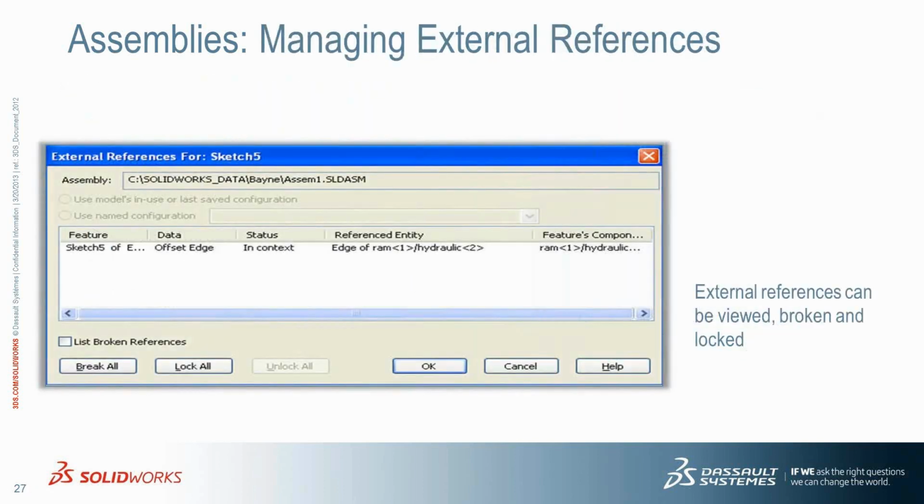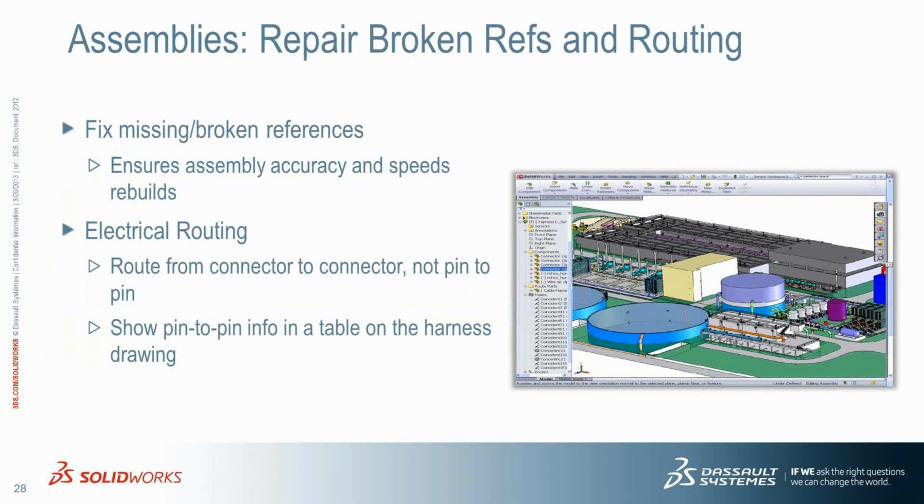When it comes to external references, we know that we can create them inside the assembly. I want to be clear that you want to make sure you fix broken references. Okay, if they're missing or they're broken, it's slower than going and actually removing the references so they're no longer broken.